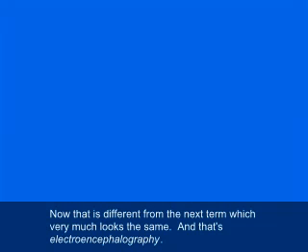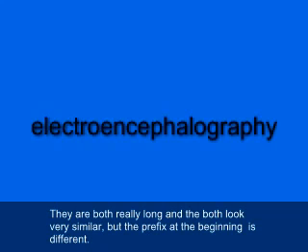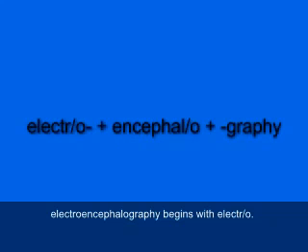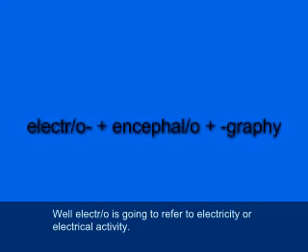Now that is different than the next term, which very much looks the same, and that's electroencephalography. They're both really long and they both look very similar, but the prefix at the beginning is different. Electroencephalography begins with electro, E-L-E-C-T-R-O. And you remember what electro refers to. Well, electro is going to refer to electricity or electrical activity.